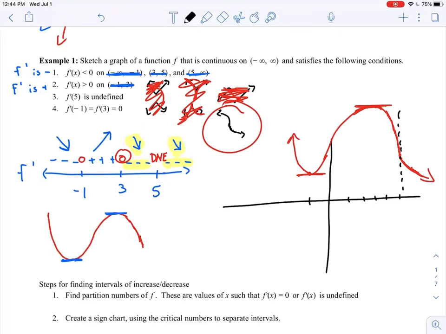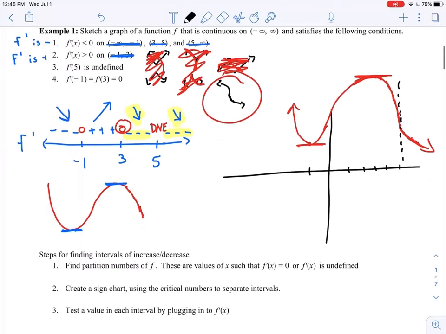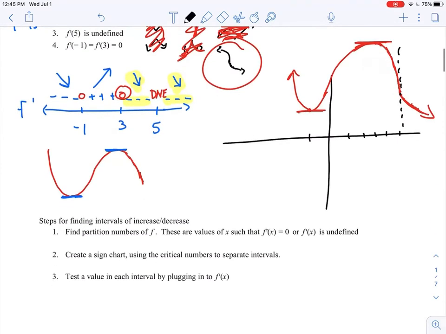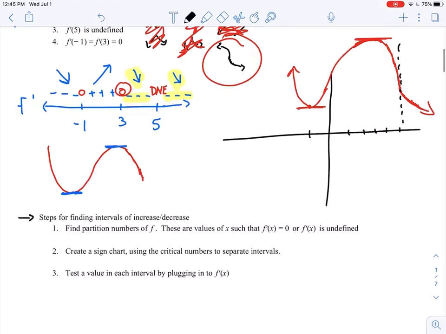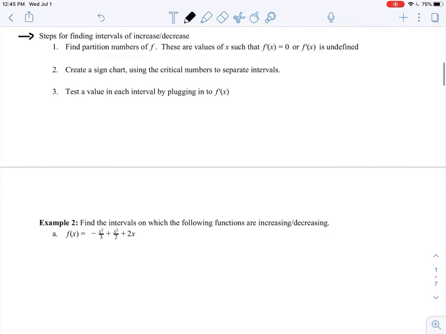So this is cool. We can actually use the sign of the derivative to help us determine whether a function is increasing or decreasing. And actually, we can make a procedure for just that. If I want to determine where my function is increasing or decreasing, I'm going to start by finding the partition numbers of f.